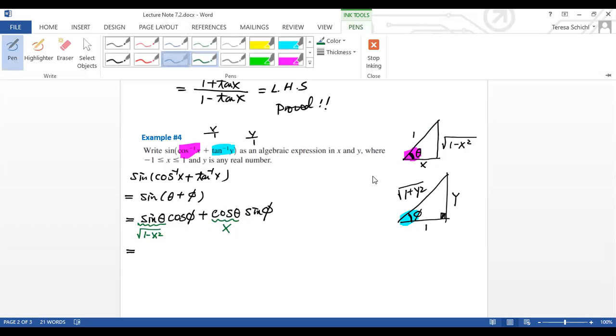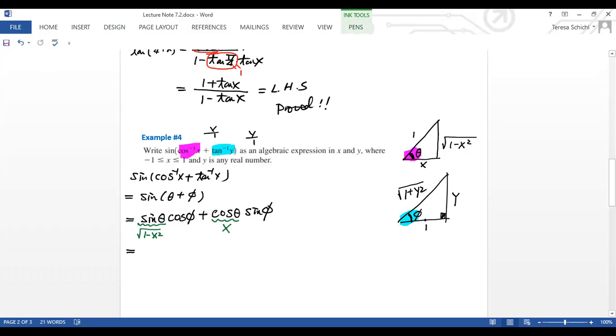Now I'm looking for the angle phi. Cosine phi is adjacent over hypotenuse, so it's 1 over the square root of 1 plus y squared. Then sine phi, sine is opposite over hypotenuse, so this one is y over the square root of 1 plus y squared.